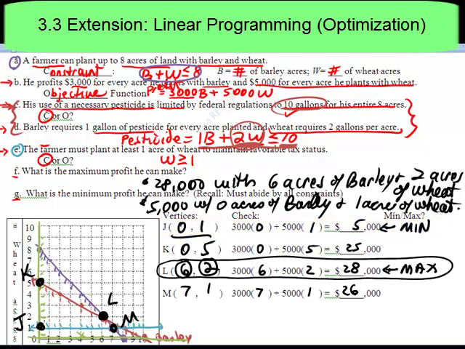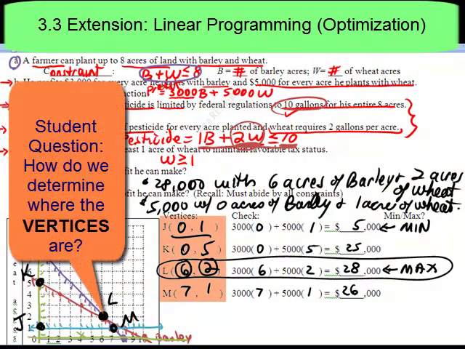Comments, questions? Good question. The question is, how do you know what vertices to check? What you do is you shade in the solution set here. There it is. You look at all the constraints and shade within the constraints. So as you can see, that polygon.